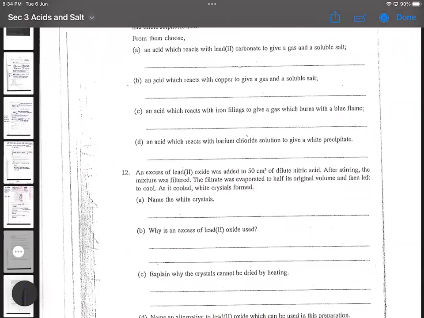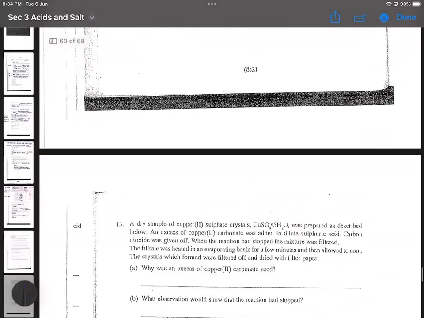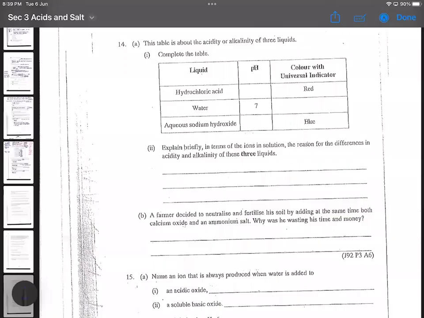Question 11, we cannot do it because of some solubility. Question 12, we cannot do it. Okay, this is a strong acid. This is also a strong alkali. So for the strong ones, pH 1 and 14 take the extreme corners.